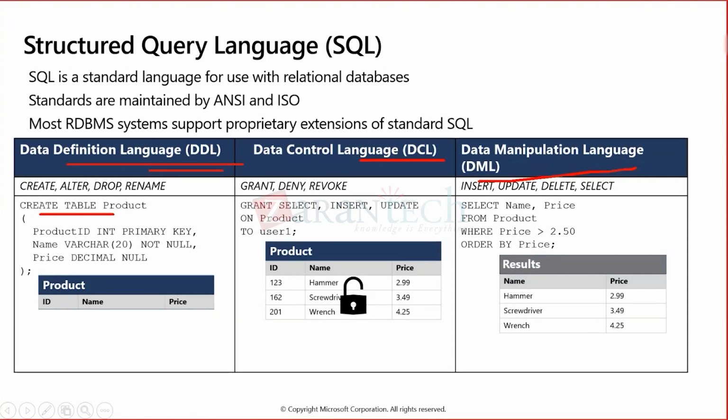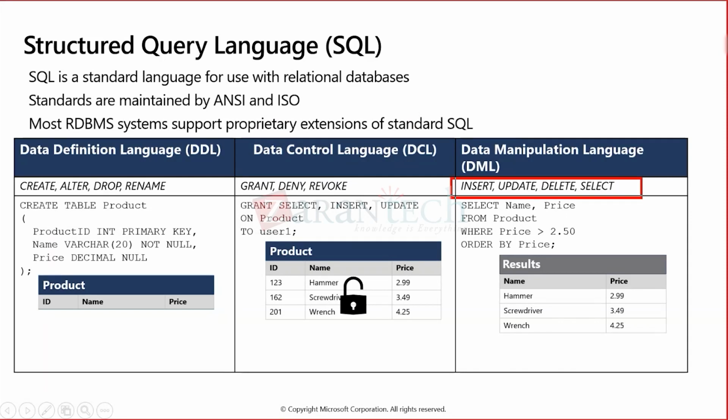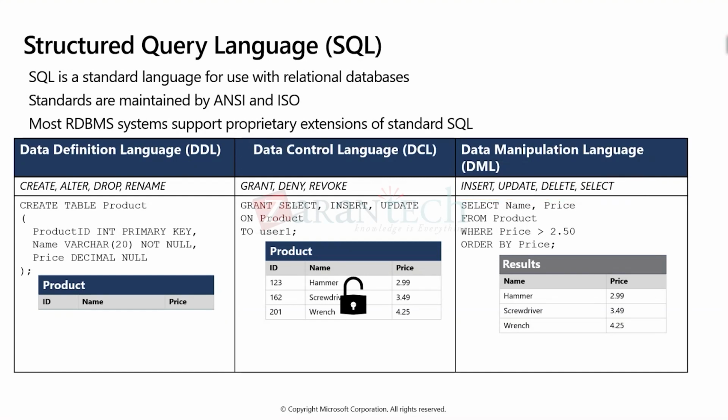That is called DDL. Make sense? DCL is Data Control Language. Database administrators generally use DCL statements to manage access to objects, like grant, deny, revoke. And one more is DML, your Data Manipulation Language: select, insert, update, delete. Make sense?